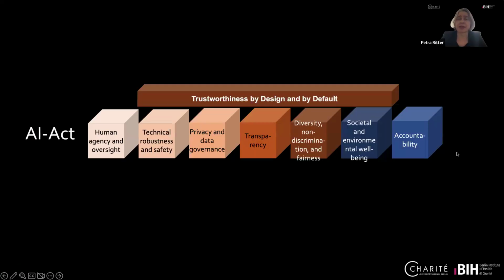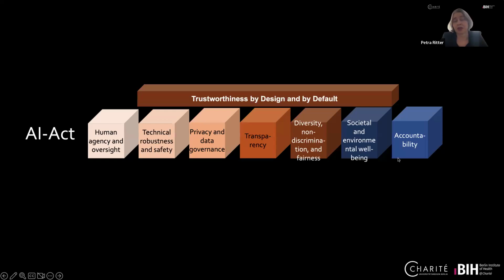for trustworthy AI. So how is trustworthiness defined in the AI Act? Of course, it is relatively difficult to define trustworthiness, but in the AI Act, different categories that contribute to trustworthiness have been outlined: human agency and oversight, technical robustness and safety, privacy and data governance, transparency, diversity, non-discrimination and fairness, societal and environmental well-being, and accountability.